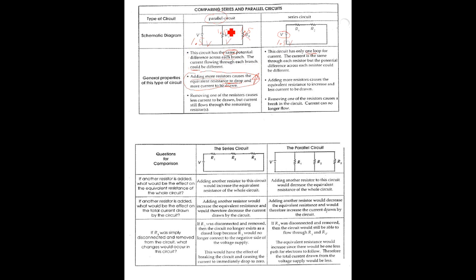Whereas with the parallel circuit, we have the current that can take 2 different routes. In this case, it can only take the one route. So the current is now going to be the same through each of these resistors. For the parallel circuits, it could be different. For the series circuits, the current is going to be the same.